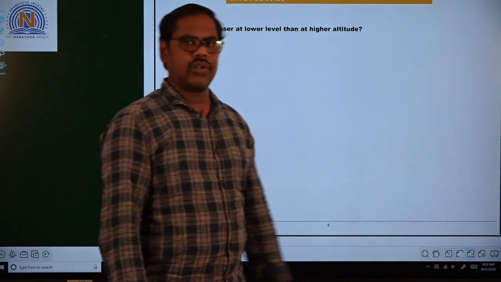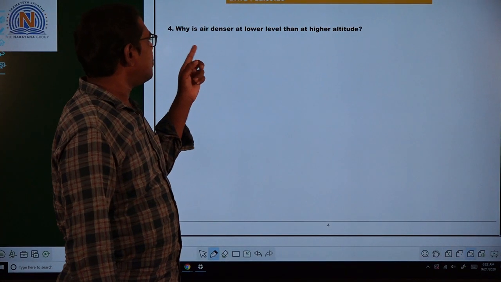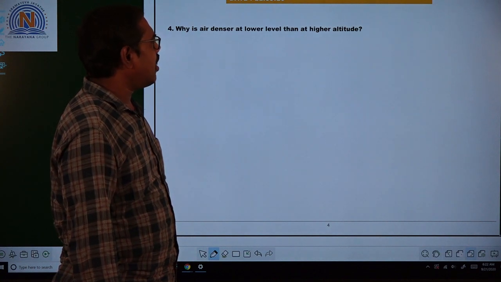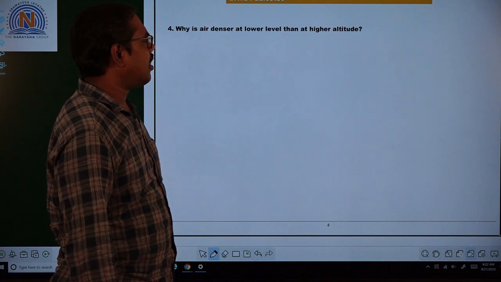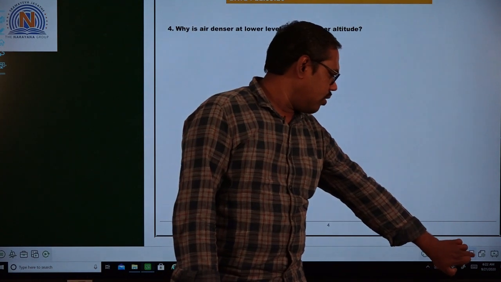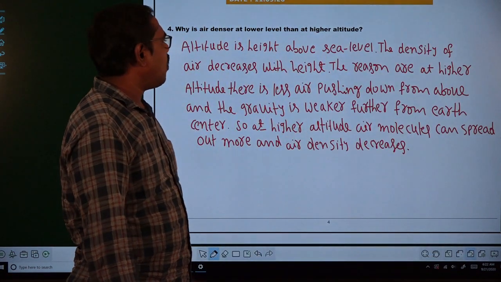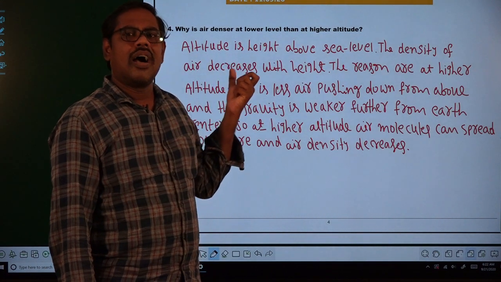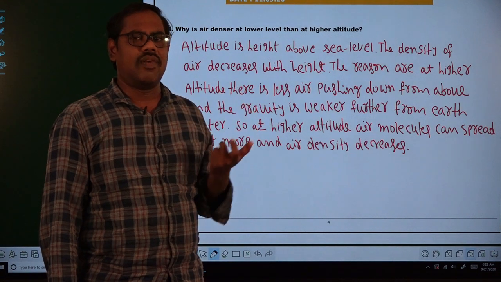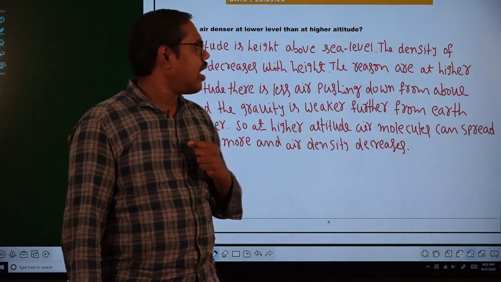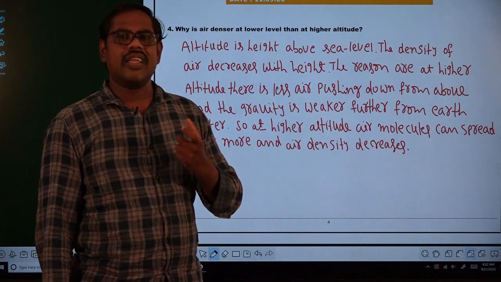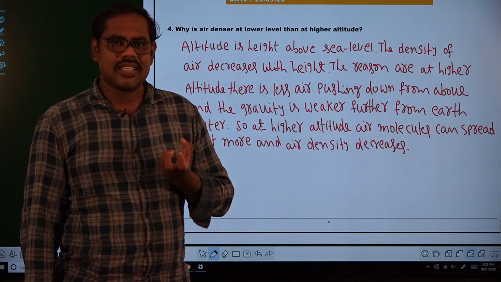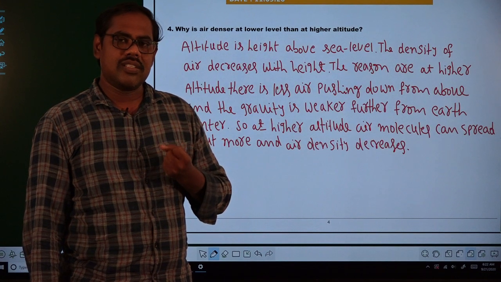Next, coming to the fourth one. Why is air denser at lower level than at higher altitude? At a higher altitude above sea level, the density of the air decreases. What is the reason?